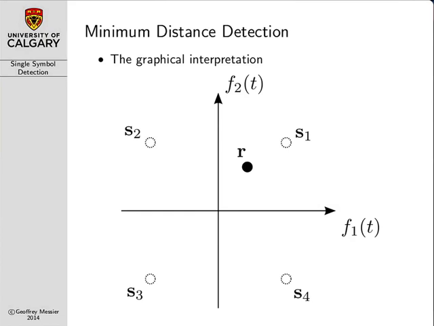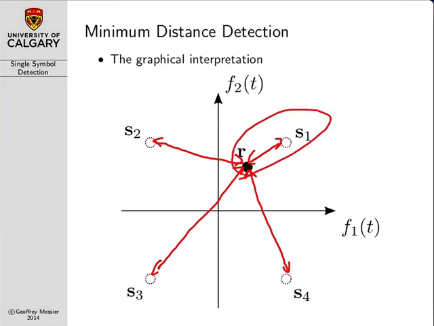So what's the most logical thing to do here? What's your most logical choice? Well, you can just determine the distance between r and S1, r and S4, r and S3, and r and S2.